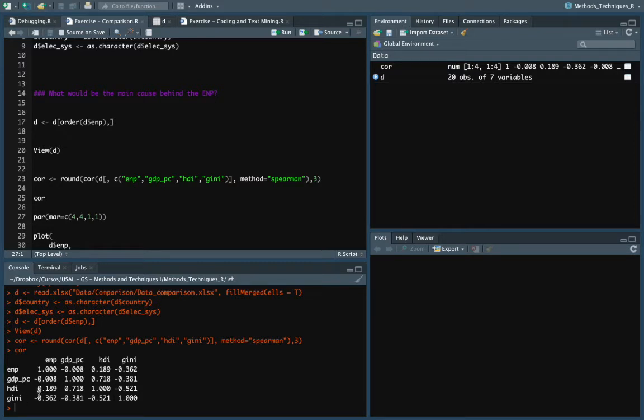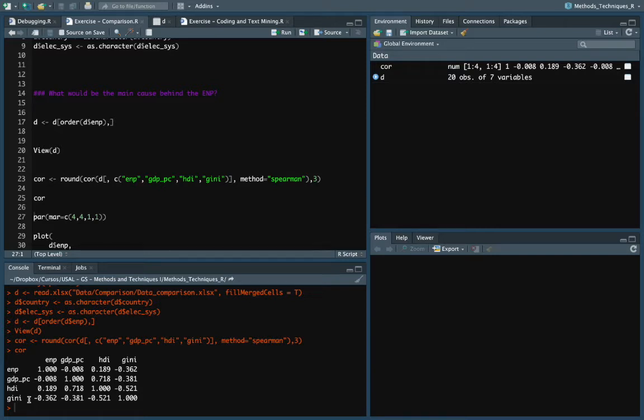As we can see here, there's almost no effect of GDP per capita on the effective number of parties. The effect of HDI on the effective number is very low, almost insignificant, and the Gini is moderate, a little bit low, but a moderate effect on the effective number.